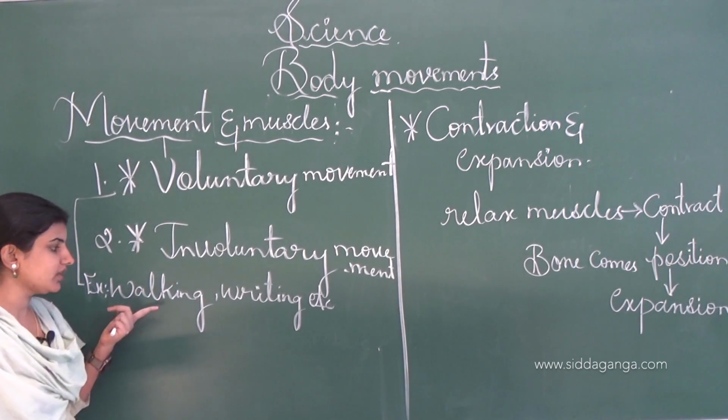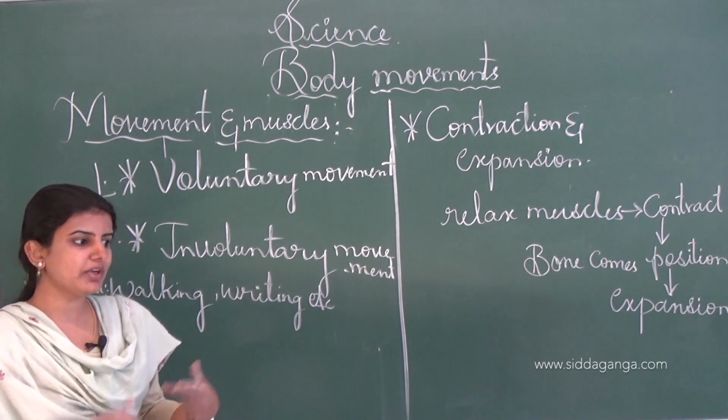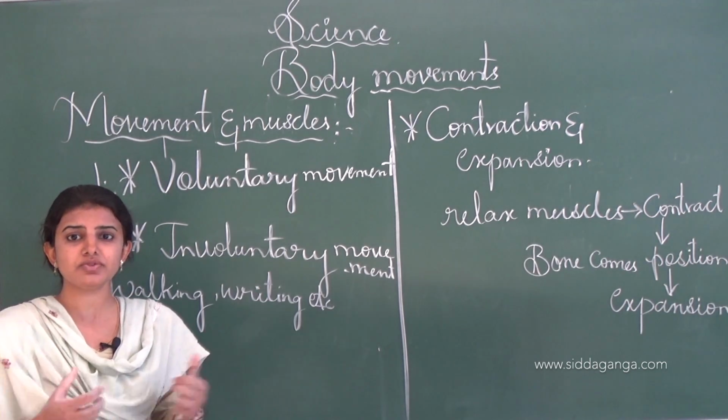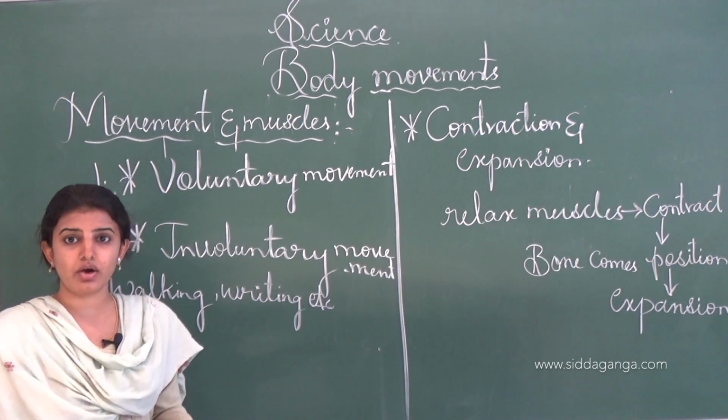For example, walking: if movement takes place from one place to another place, we can stand in one position. We can control our legs or body parts.